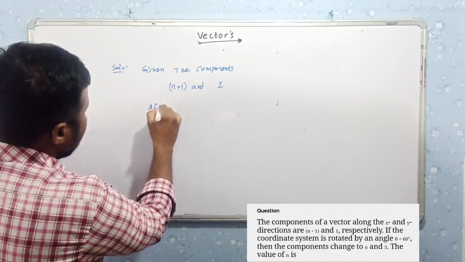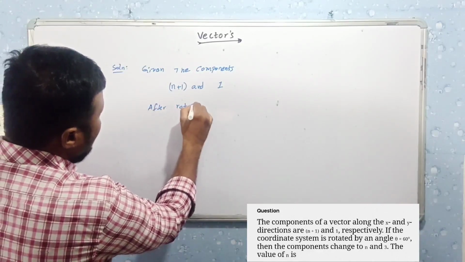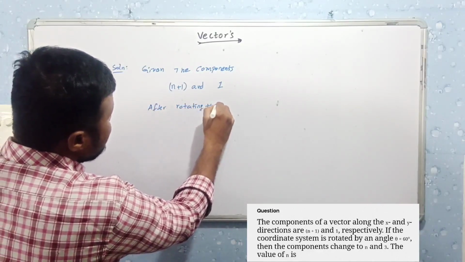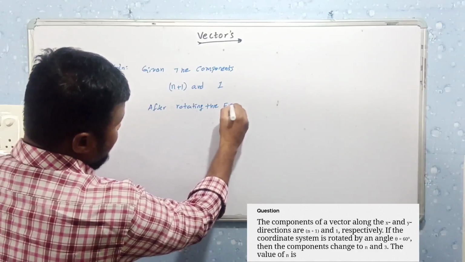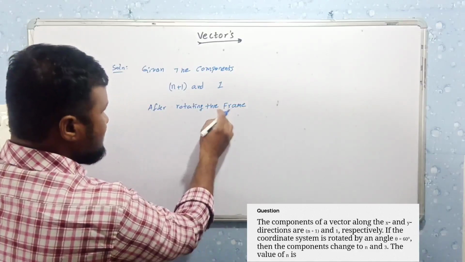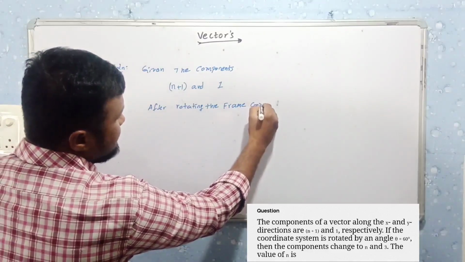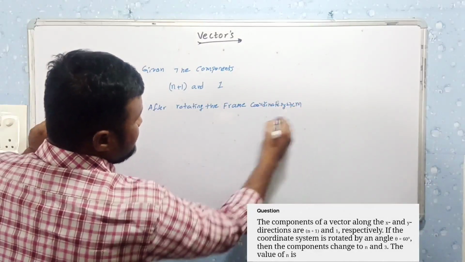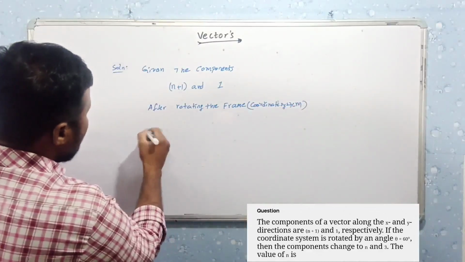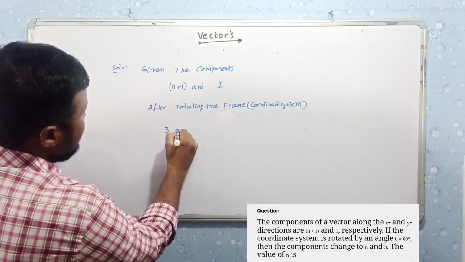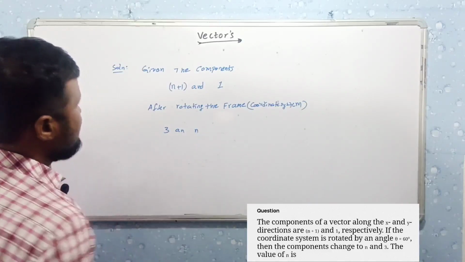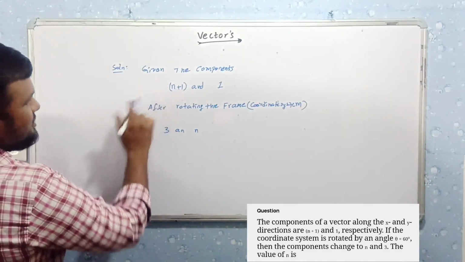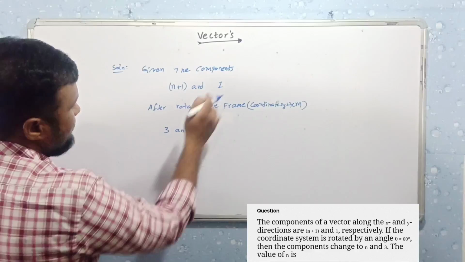But after rotating the frame, that means after rotating the coordinate system, the components are given as 3 and n respectively. This is the initial position, components are n plus 1 and 1.